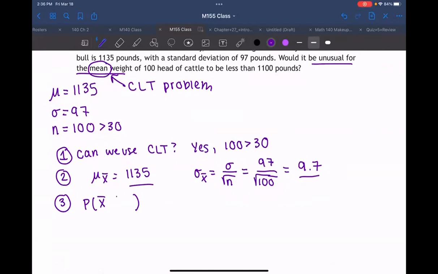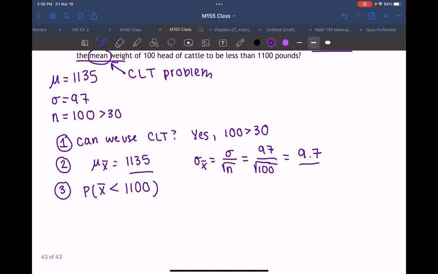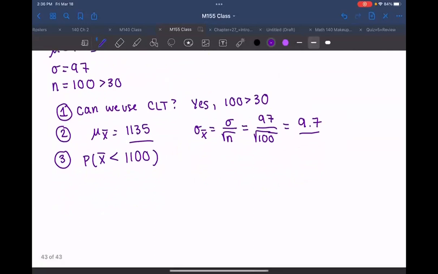Okay, so we want to find the probability that X bar, or the sample means, is less than 1,100. Okay. So I guess what we need to do is type stuff in Minitab. Okay, is this a cumulative probability or an inverse cumulative probability question? What do you guys think?